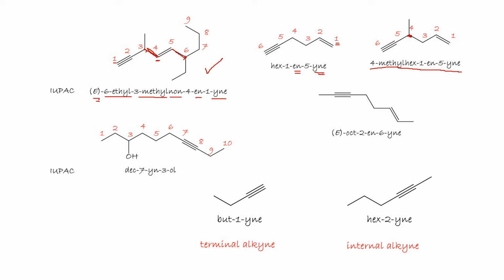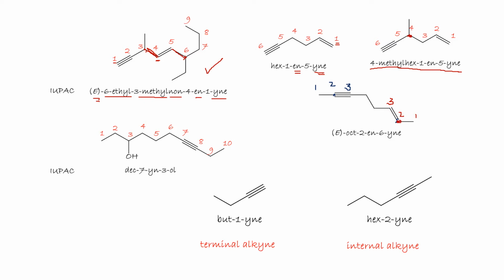Okay, if we have it here 1, 2, 3, or we number here 1, 2, 3. They are on here number 2, and here is number 2 for the ene, right?